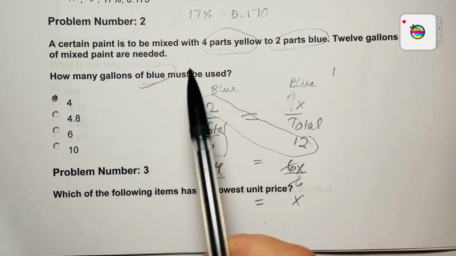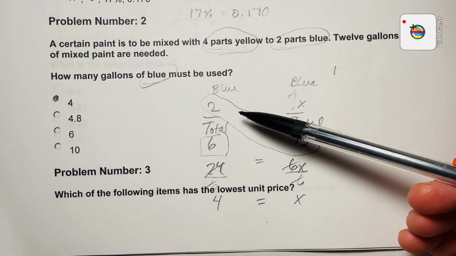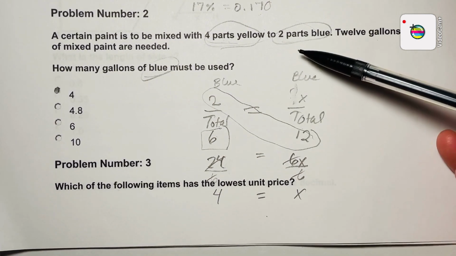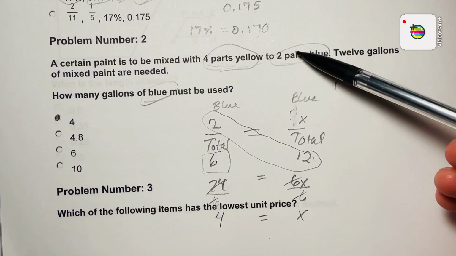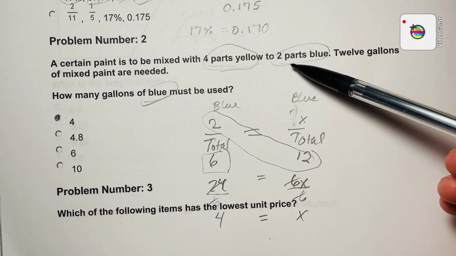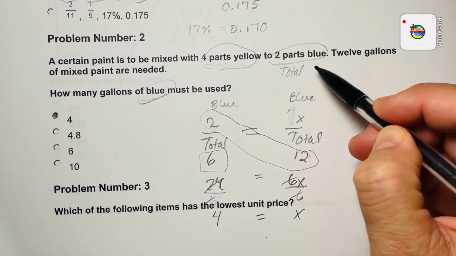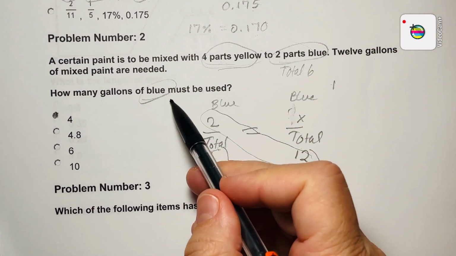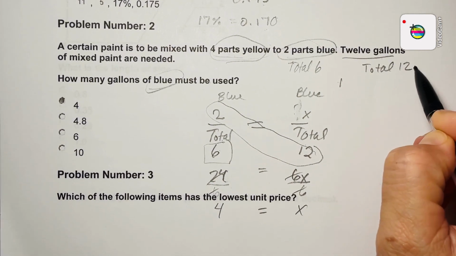Okay, so remember that in a proportion, only use what is mentioned twice. It kind of was tricky because they didn't tell you this was the total, but you can figure out 4 and 2 together. The total is 6. So the total on this part of the sentence was 6, and the total on this part of the sentence was 12.